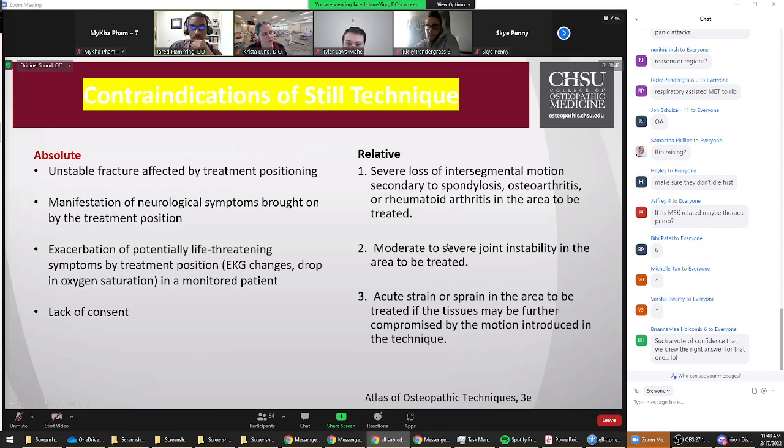So that arthritis, that spondylosis, that joint instability, strains and sprains in the area from muscular ligamentous injuries that might be mild to moderate, but not necessarily full tears. So you still have the ability to work on this segment because again, still technique is not too aggressive. Usually pretty well tolerated, okay?